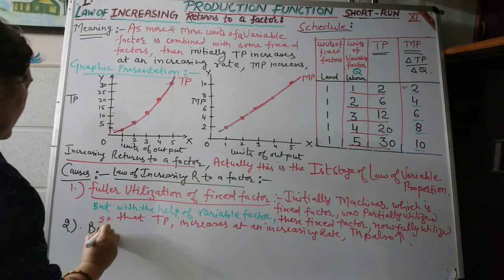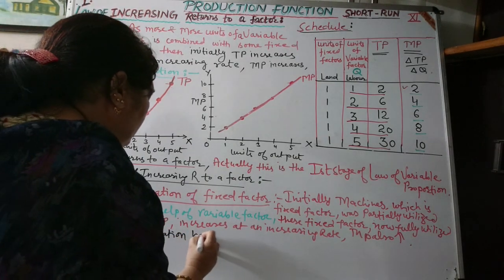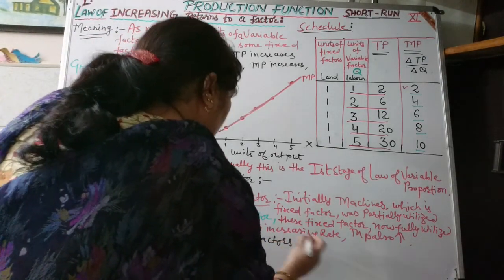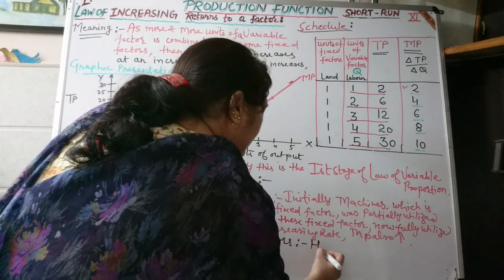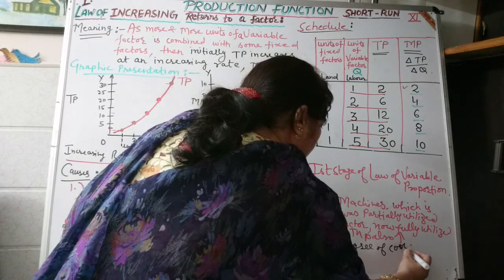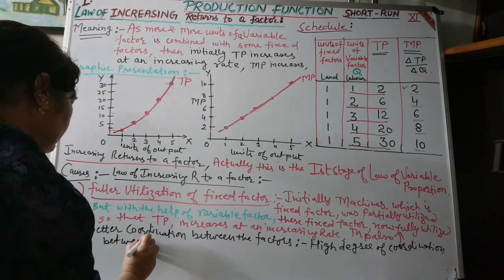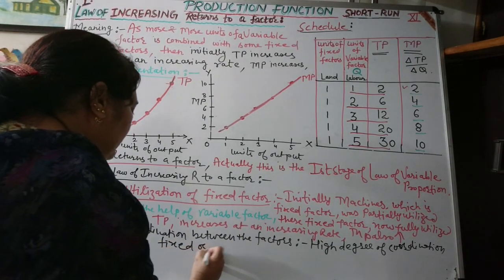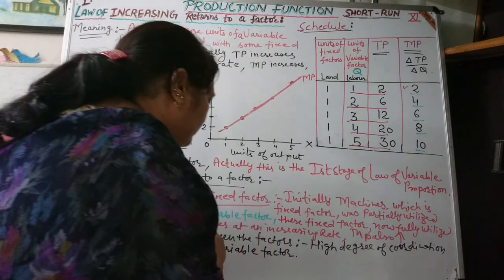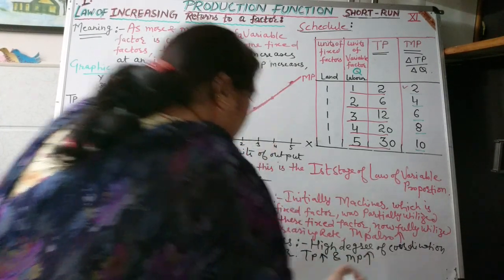Now what is the second cause of operation of increasing returns to a factor? That is better coordination between the factors. There is a high degree of coordination between fixed and variable factors. That's why total production increases and marginal production also increases.